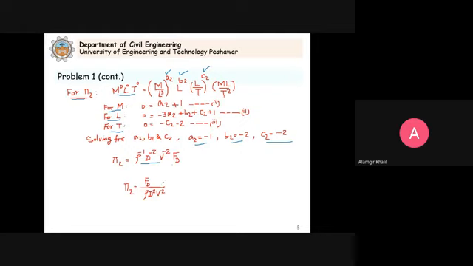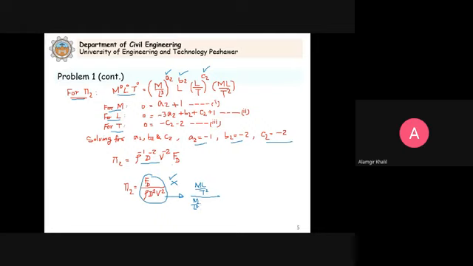Now in this case, when you solve for this pi 2, is this correct or incorrect? How do you know? To check this, you can put dimensions here. So you see that F we can write down as ML by T square. Then we have rho, so the dimensions for rho are M divided by L cube.